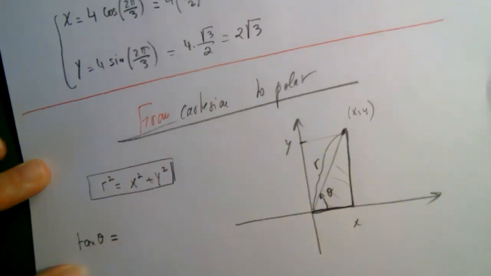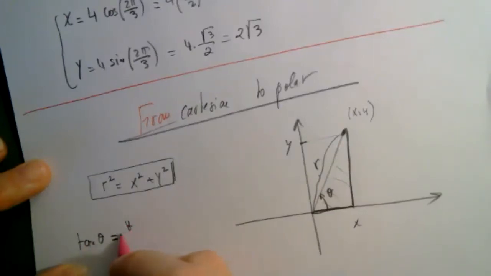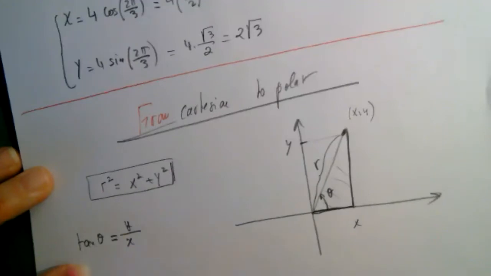According to my picture, this is the hypotenuse, this is y, and this is x, so tangent theta is y over x. Now, if I know the tangent, do I know the angle? If I tell you I know what the tangent is, so I know what the angle is, how do I find it?